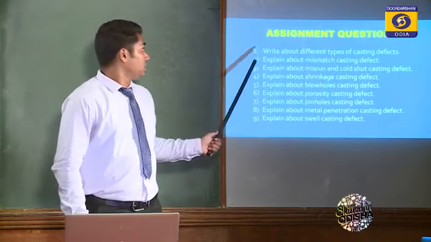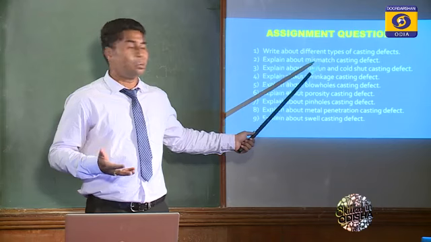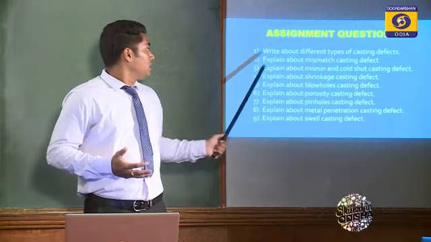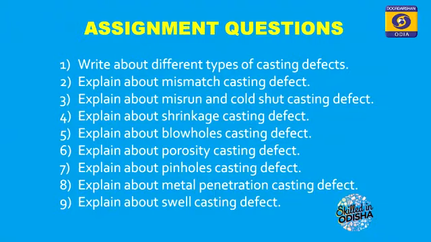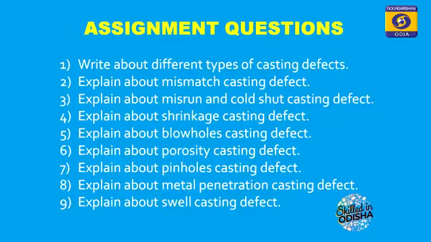Assignment questions. Write about different types of casting defects. I have already discussed different types of casting defects. Explain about mismatch casting defects. Explain about misrun and cold shut casting defects, which I have already discussed. Explain about shrinkage casting defects, shrinkage which is a void. Explain about blowholes casting defects.